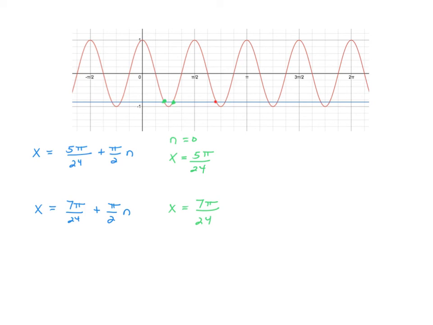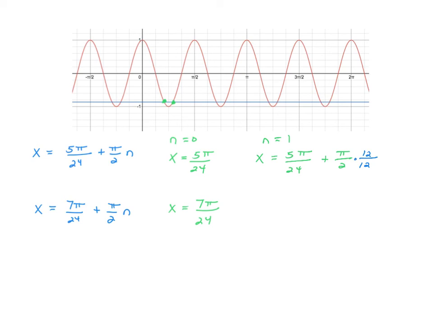Now, if you want to get this solution followed by this solution, take n equal to 1 and put it into these two expressions to get the next two. So we'll do n equals 1. We'll have x equal to 5 pi over 24 plus pi over 2. We multiply by 12 over 12 to get a common denominator of 24.